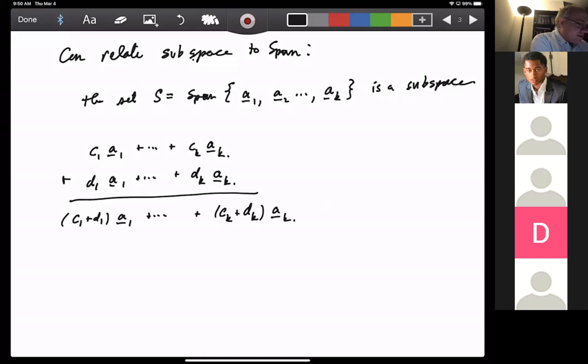So I add up two distinct linear combinations, I get another linear combination. So that's also in the span. So the span of a set of vectors is going to be a subspace of whatever space these original vectors, A1 through AK, live in. Okay, is that idea clear?